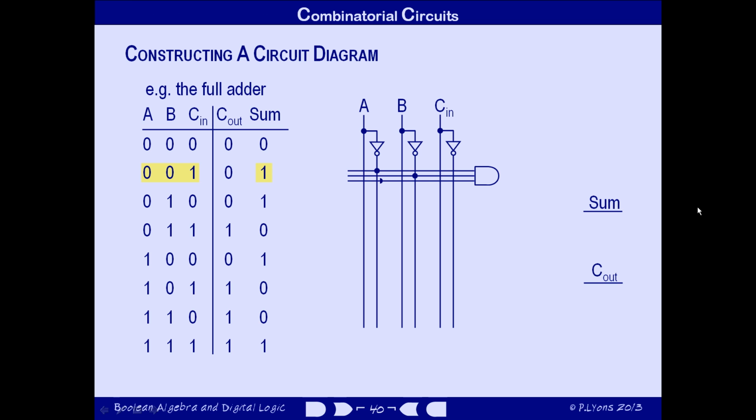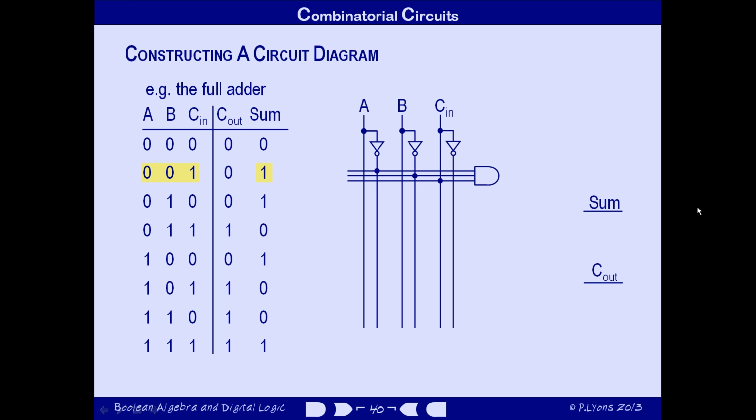The third input should be high when C is a 1, so that input is connected directly to C. So now that AND gate will produce a 1 output when A, B and C are 0, 0 and 1 respectively, because in that circumstance all of its inputs will be high voltages.